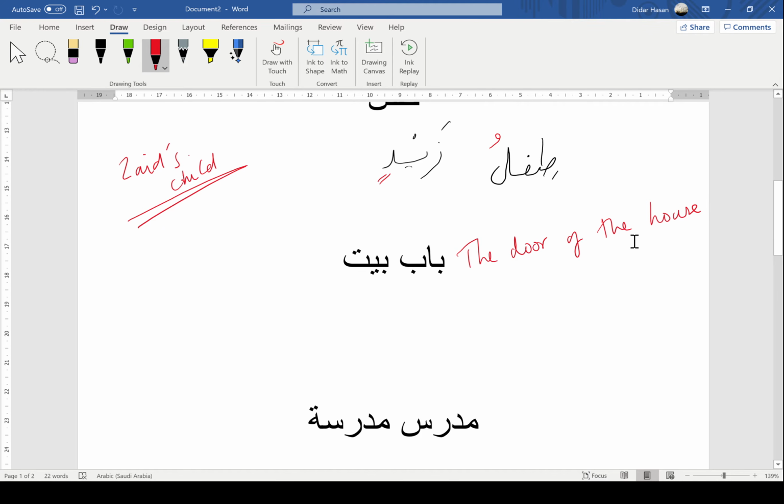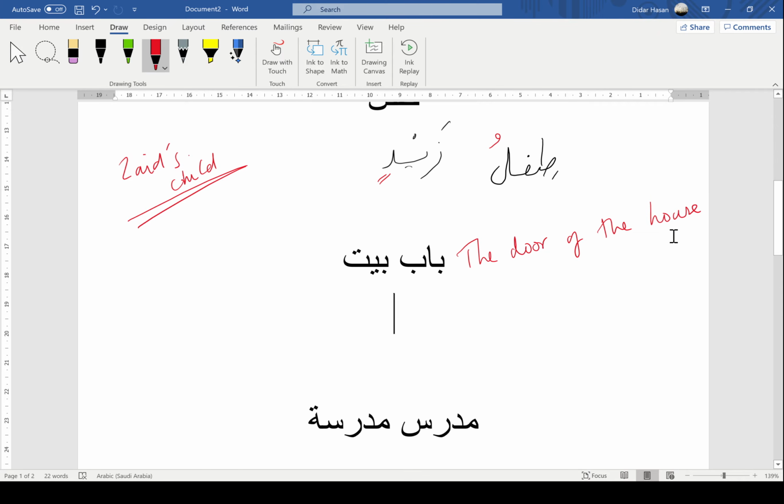For this possessor, we don't have a human being like we did in the previous case, Zayd. Here the possessor is a house. The reason I brought this example is to show you that in something like Tiflu Zayd or Kitabu Zayd, it's very easy to identify what the possessor is, but in these examples, sometimes identifying the possessor can be a bit more tricky. So the door of the house: the door belongs to the house, isn't it?